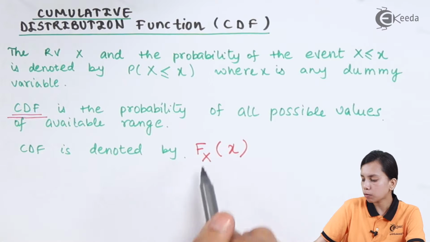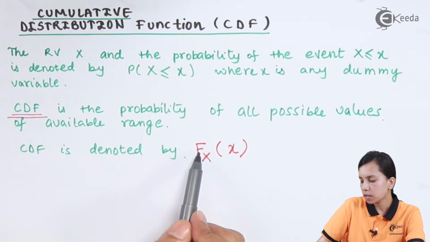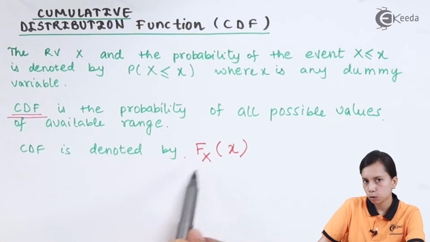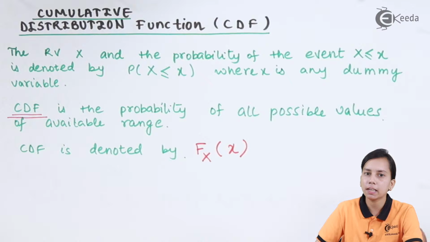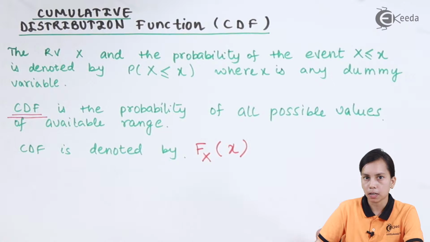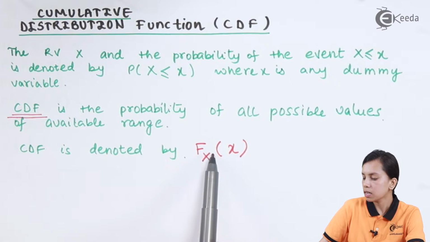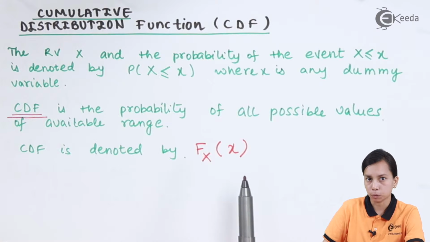The meaning of this F subscript capital X of small x is that this function is associated with this random variable through its event, and this x can take any value. For example, when we are throwing a dice, this random variable X can take any value.